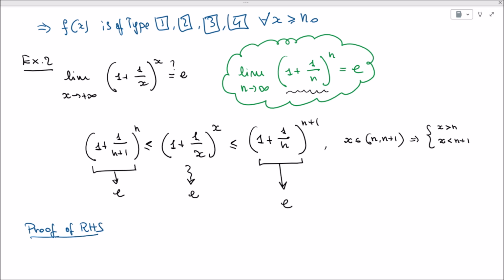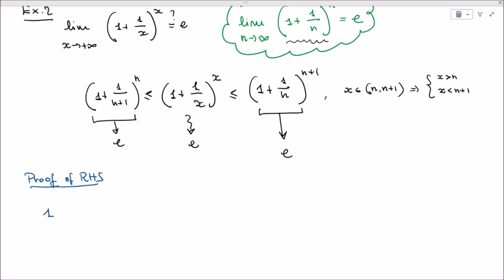Okay, so what I want to prove now is that 1 plus 1 over n all raised to the n plus 1 will tend to e. But I can write this as 1 plus 1 over n raised to the n, times 1 plus 1 over n.